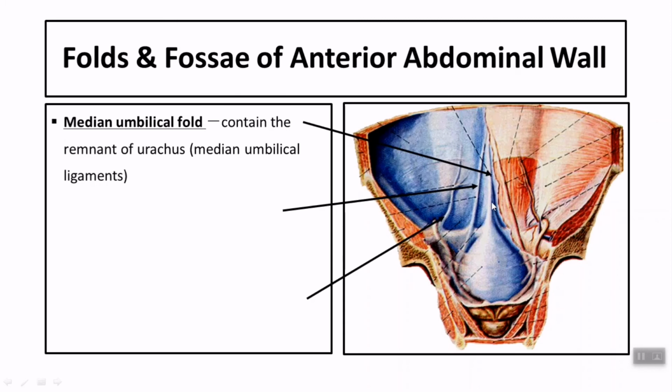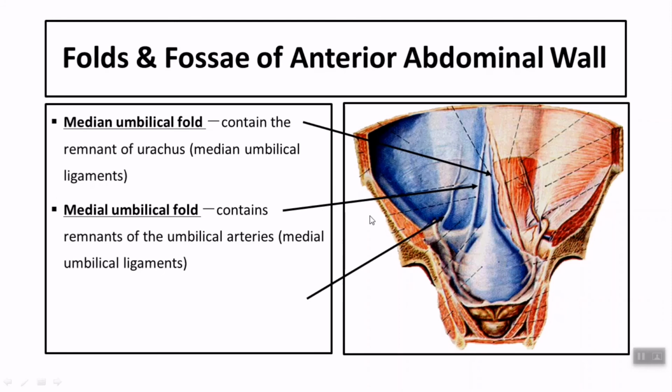This fold, at the midline, forms the median umbilical ligament. Lateral to it, another fold is called the medial umbilical fold. The medial umbilical fold contains the remnants of the umbilical arteries.